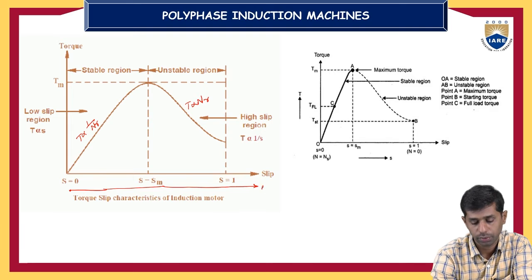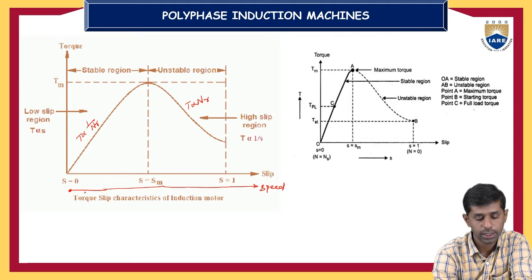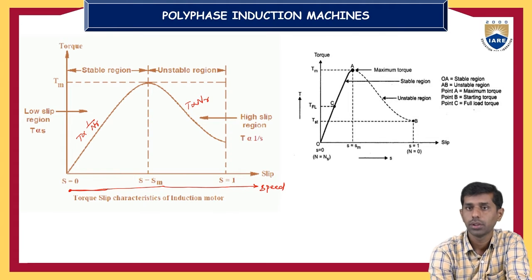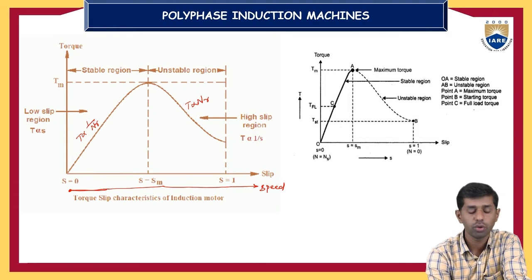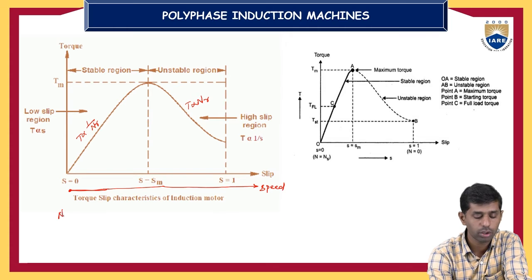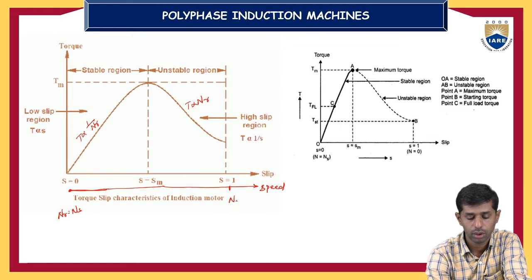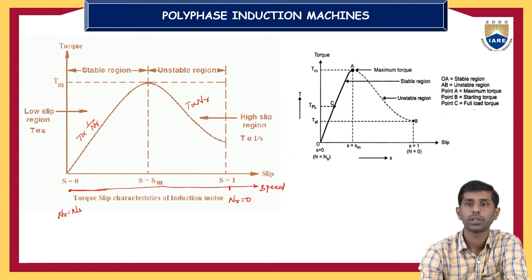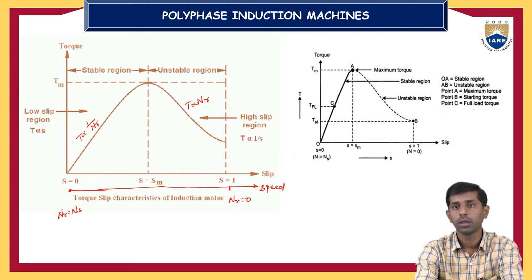This x-axis represents the speed. So s equal to 0 means slip equal to 0 when Nr equals Ns, and slip equal to 1 when Nr equals 0. On x-axis 1, the slip progresses from 0 to 1 from left to right.